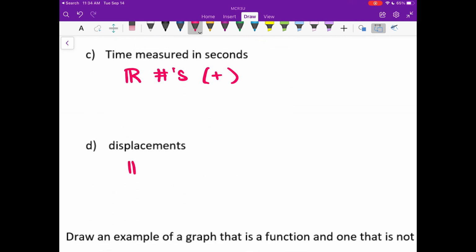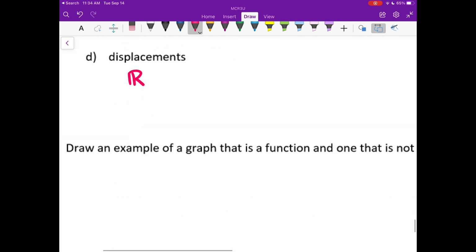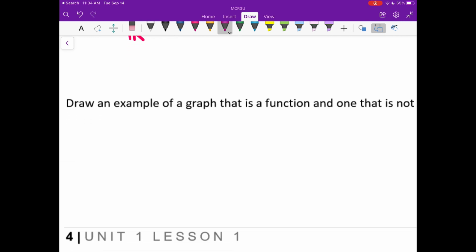Displacements. Displacement is a term in physics where you talk about the net movement of someone. I would say this is a real number because you can have negative displacements, you can have positive displacements, and so on and so forth, depending on how much someone moves, or if they don't move.